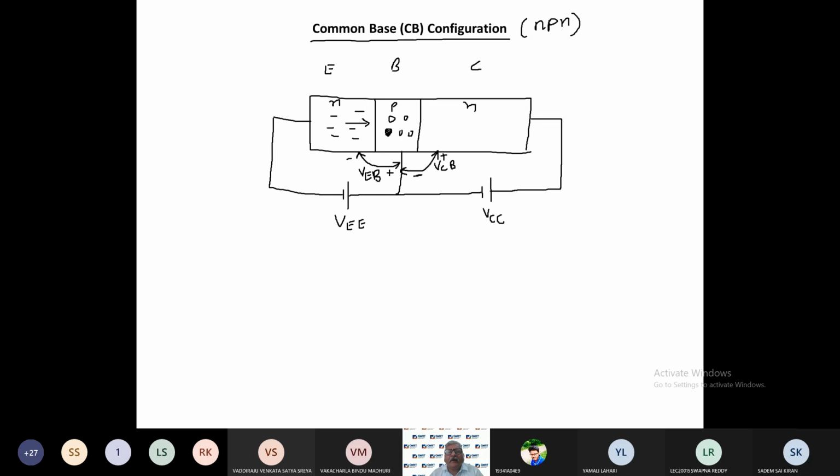Suppose one electron is recombined, now this electron will move toward this base terminal. The direction of the current is opposite to the movement of electron. So here you will find the base current, IB. And at the emitter terminal, you will find the emitter current, IE.